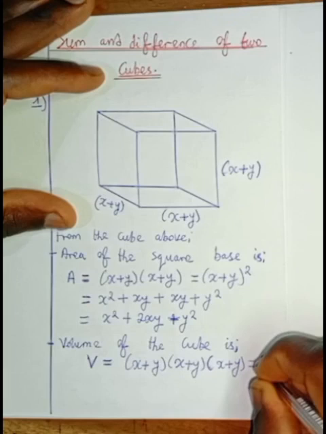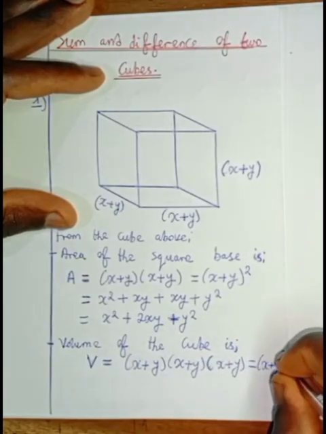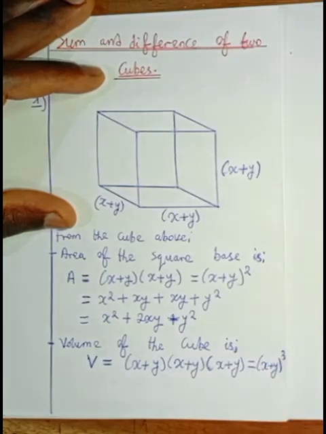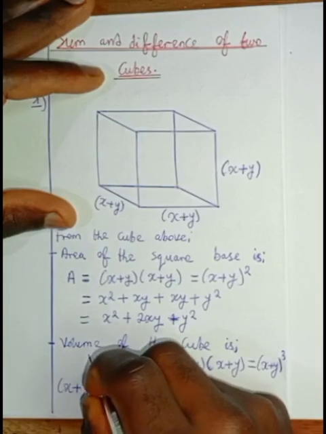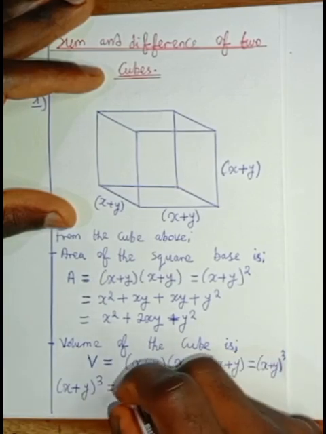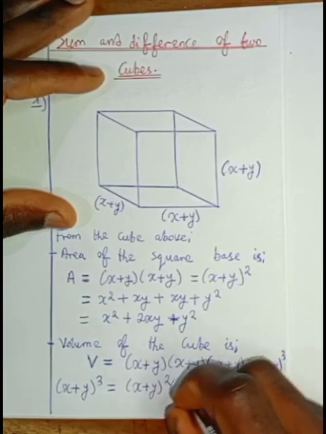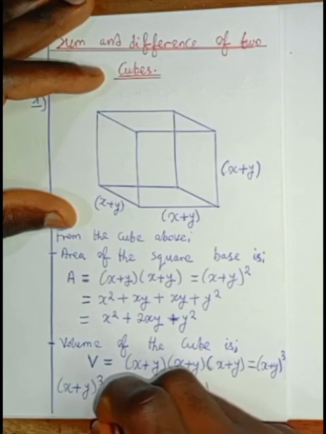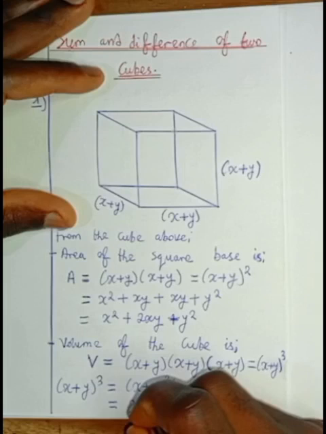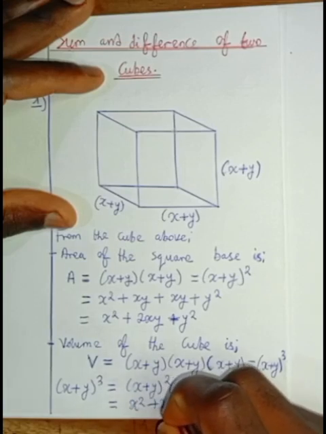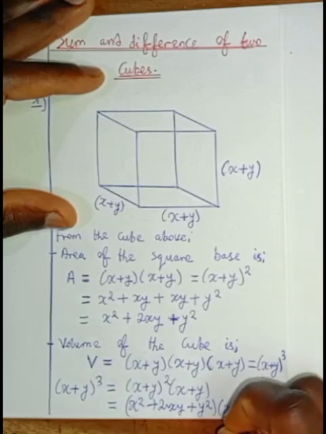You know that this is the same as x plus y, all cubed. Now, x plus y all cubed is the same as x plus y squared times x plus y, and we know x plus y squared is the same as x squared plus 2xy plus y squared, times x plus y.